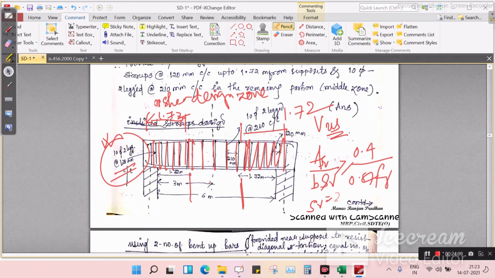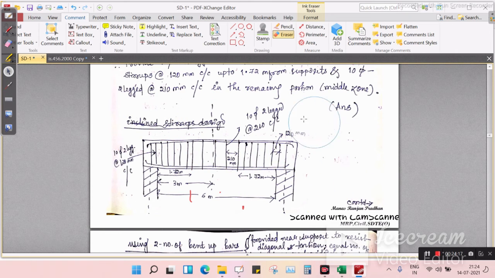From there we got 210, so this is that 210 value. Okay, this portion is our shear design zone. Again I am telling you, this is our required design zone, vertical stirrups are used. Okay, this is our zone, Vus zone. And remaining is the maximum stirrup spacing, 210 mm.